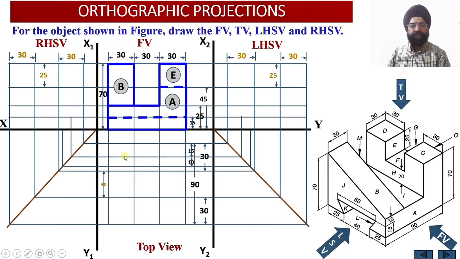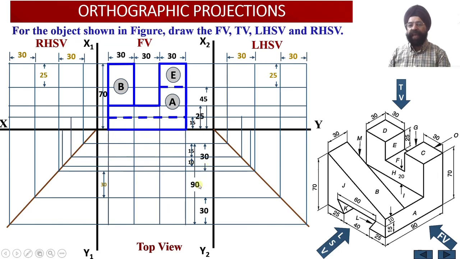If I project this projection line onto the side view, I am going to project it up to a height of 15 millimeter because we discussed that the height of this point from the base is equal to 15 millimeter. So I have projected this on the right hand side view up to a height of 15 millimeter only. Similarly, if I project this top face of the slot on the left hand side view, again this will be projected up to a height of 15 millimeter only.